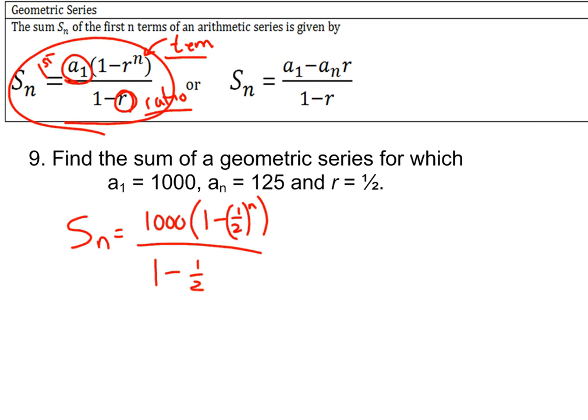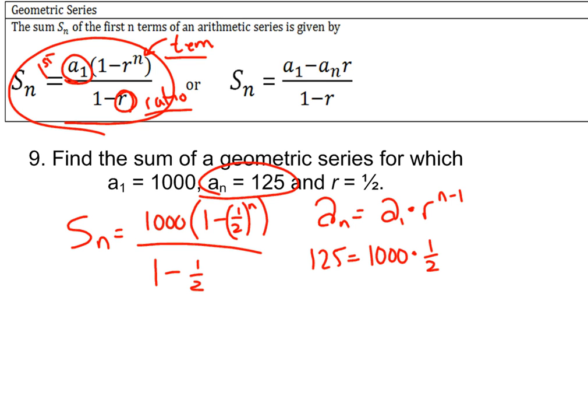So I don't know what n is, but I do know that the nth term is 125. So here's where that explicit formula comes into play again. So a sub n equals a sub 1 times my common ratio raised to the n minus 1. So if I know that my nth term is 125, I know that my first term is 1,000 times my common ratio raised to the n minus 1.